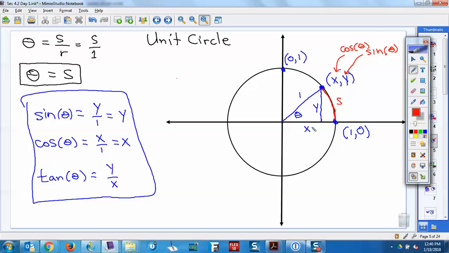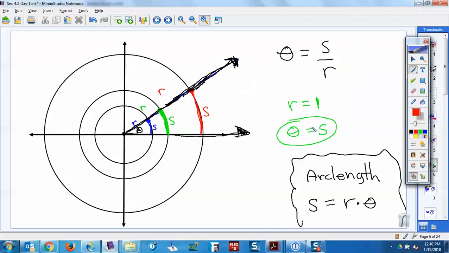Now, I want to show you a picture. You don't have to write this picture down, but it wouldn't be a bad one to write. Remember, we talked about a lot of different circles. Let's imagine the green one is the one where the radius is 1. You have bigger circles. The angle stays the same, but the S doesn't. The arc length gets bigger as the circle gets bigger.